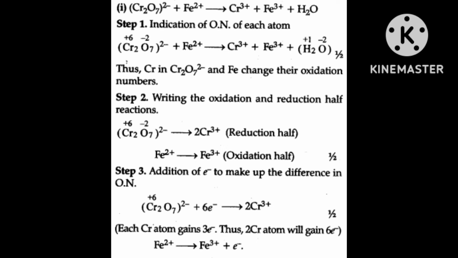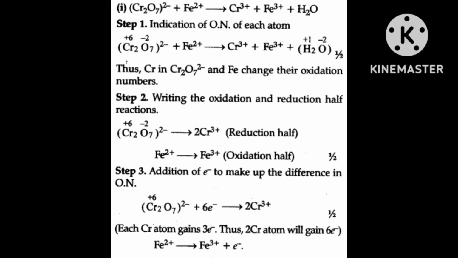Okay. Then for this reaction, which I have given as an example, it will now become the final: 6Fe2+, this is from the oxidation side, plus Cr2O7 2-, plus 14H+.